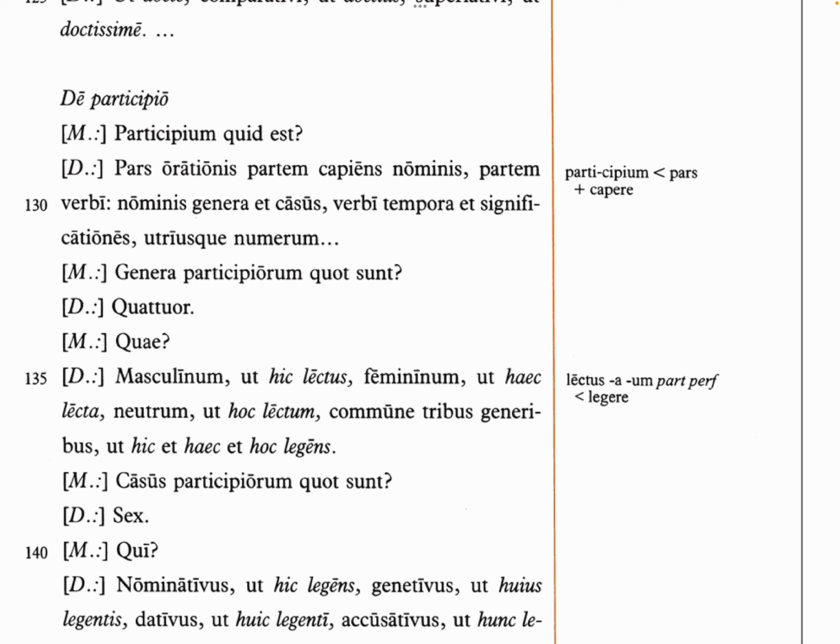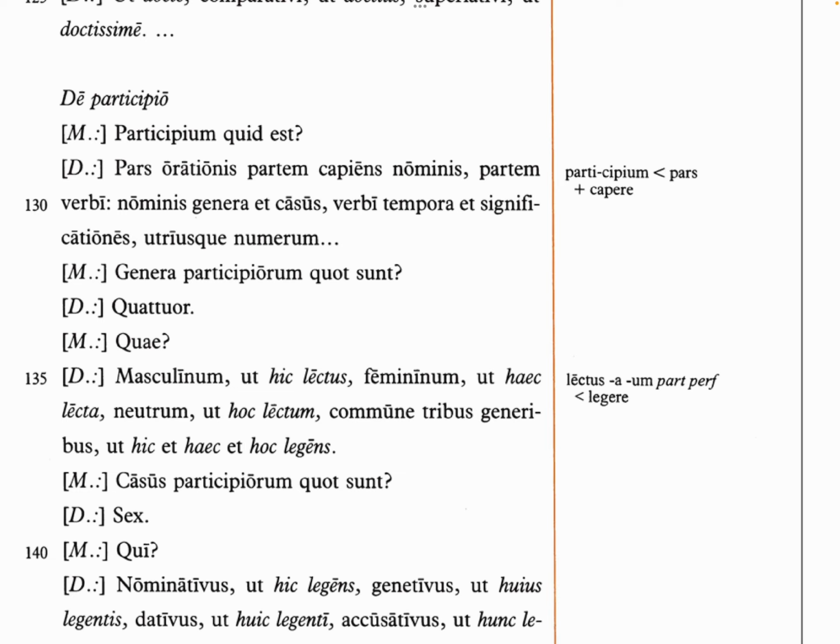All right, and the teacher says, genera participiorum quot sunt? How many genders of participles are there? And the student says, quattuor, 4. And the teacher says, quae, what are they? Masculinum, says the student, ut hic lectus, masculine, as this having been read. Here you might expect something like hic liber lectus, this book having been read.